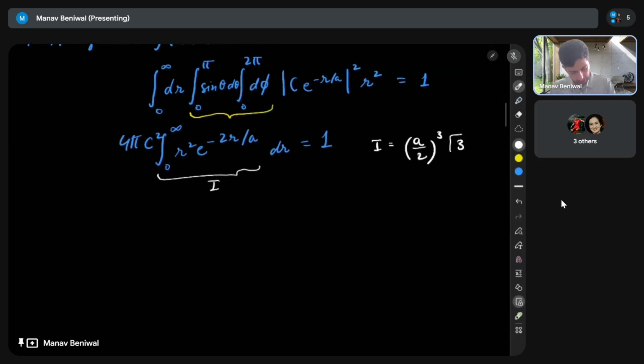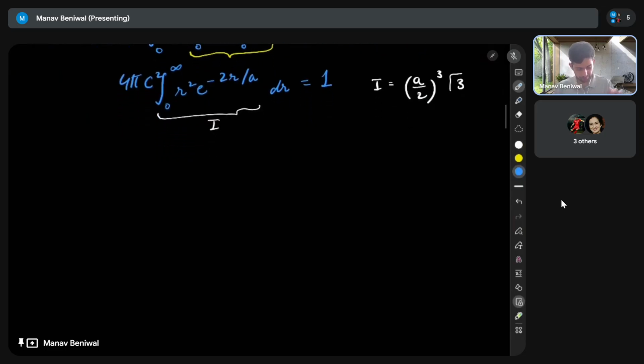Or we can even solve this explicitly in case you don't know the integral form. So we will do integration by parts. Let this be I, and let 2 by a equal k. So we have k is 2 by a.